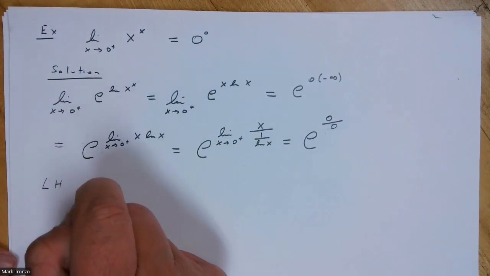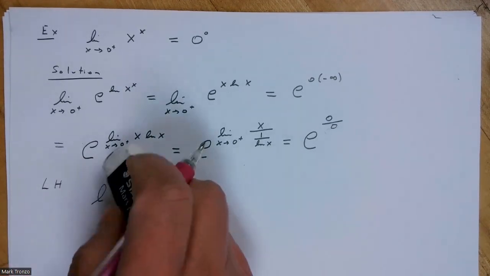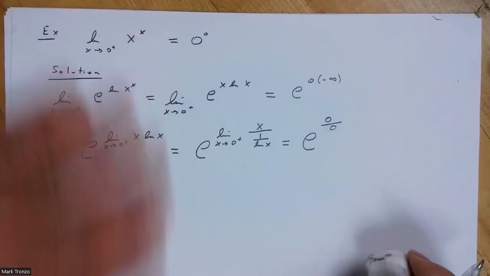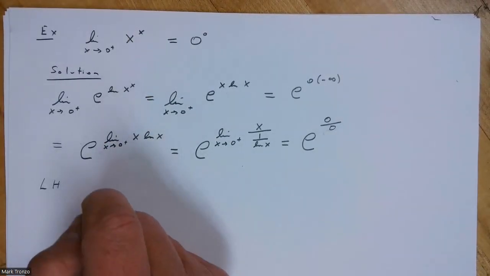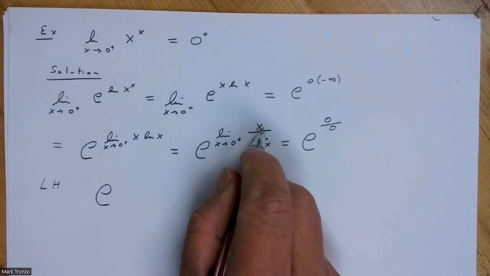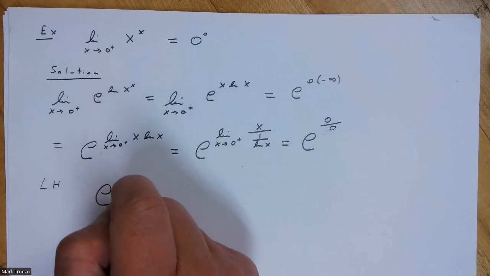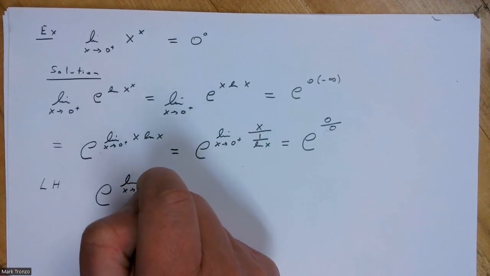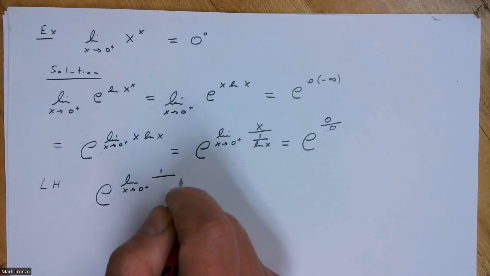The derivative of the numerator would be 1, over the derivative of the denominator.